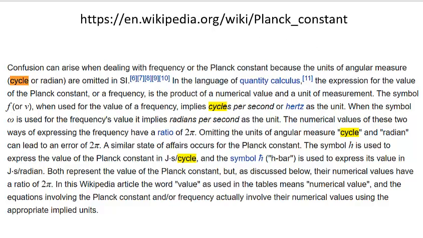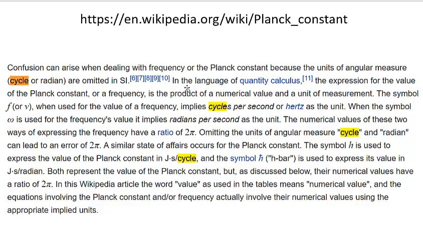So, confusion can arise when dealing with frequency or the Planck constant because the units of angular measure, cycle or radians, are omitted from the SI standard. In this little paragraph, they're admitting that they omitted the cycle term, which I'm trying to put back into modified unit analysis.